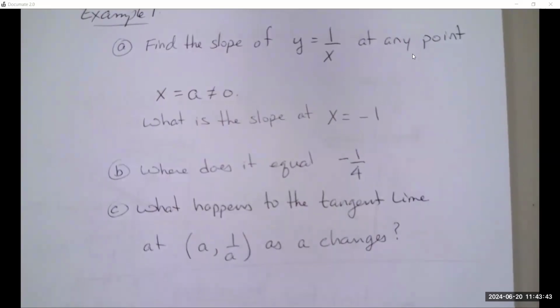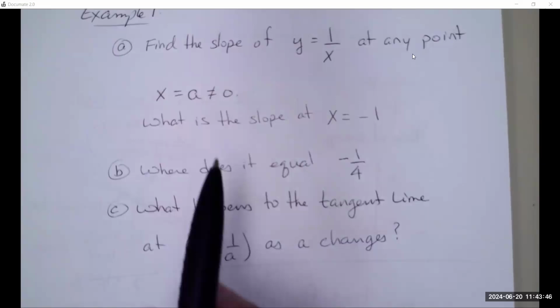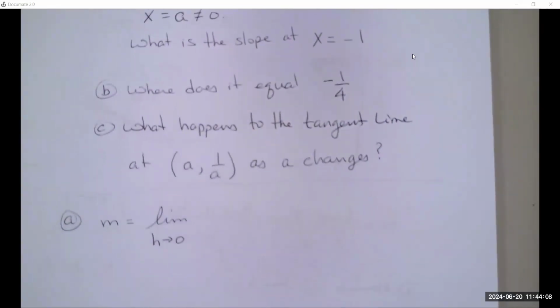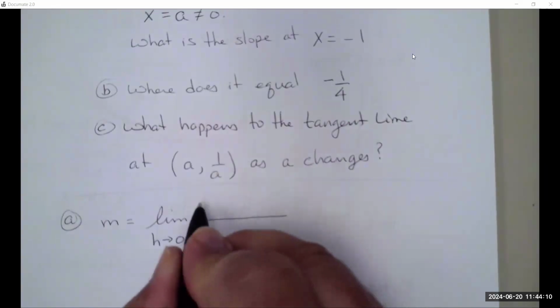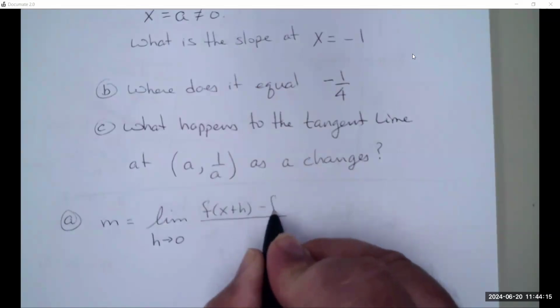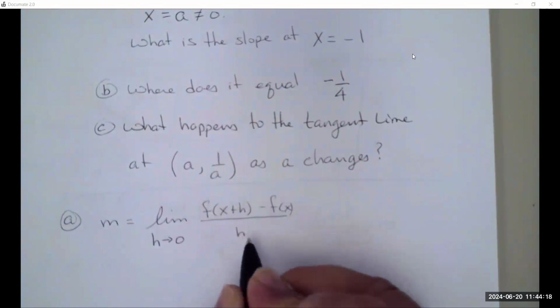Right. So let's look at the first part. First one, find the slope at any point that x does not equal 0. So it's looking for the slope, which is the limit as h goes to 0 of f of x plus h minus f of x over h.